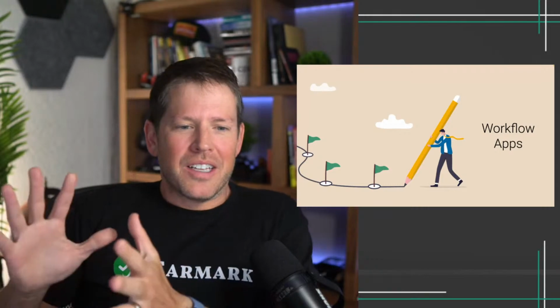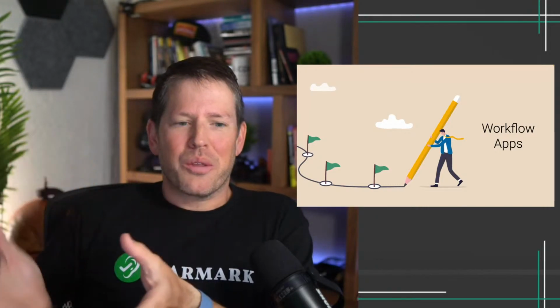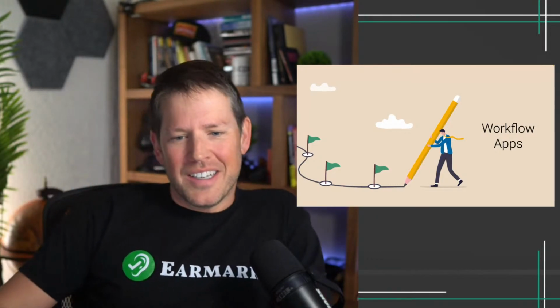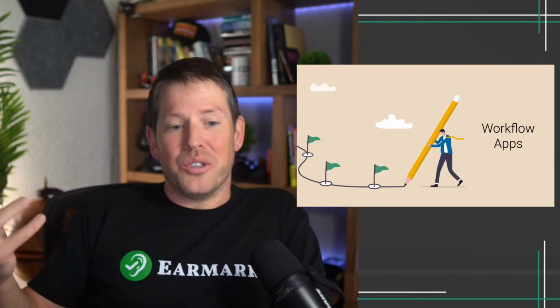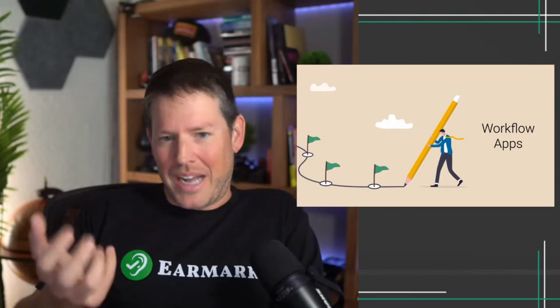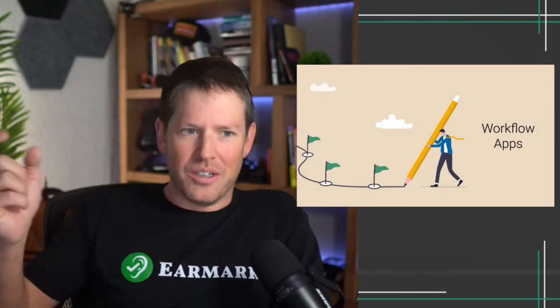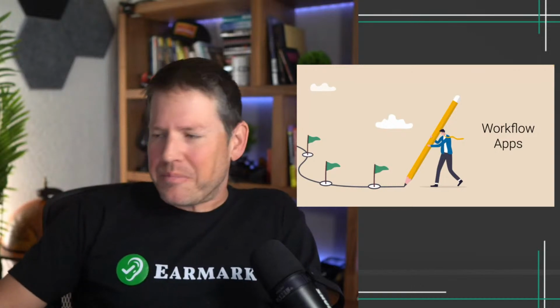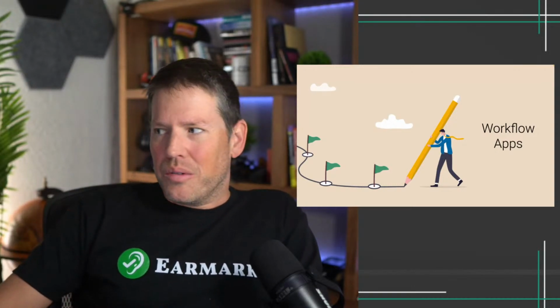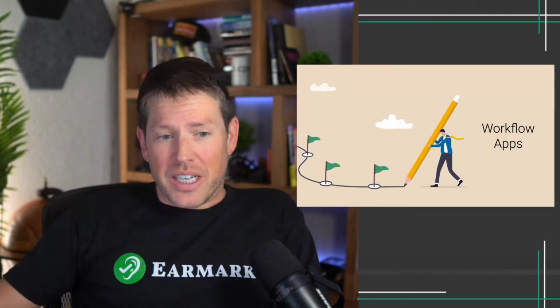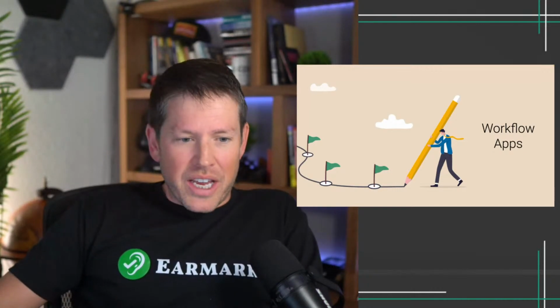Let's talk a bit about how to sort through the marketplace, because there are a lot of solutions for workflow and practice management. When I say workflow, I mean practice management. And there's a lot specifically for accounting. So the question is, how do you actually sort through it?